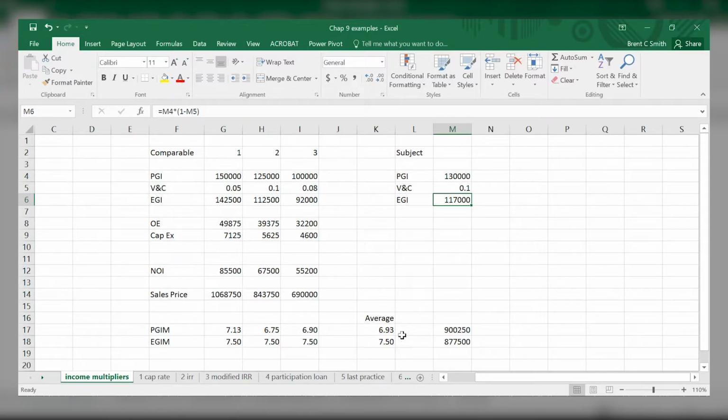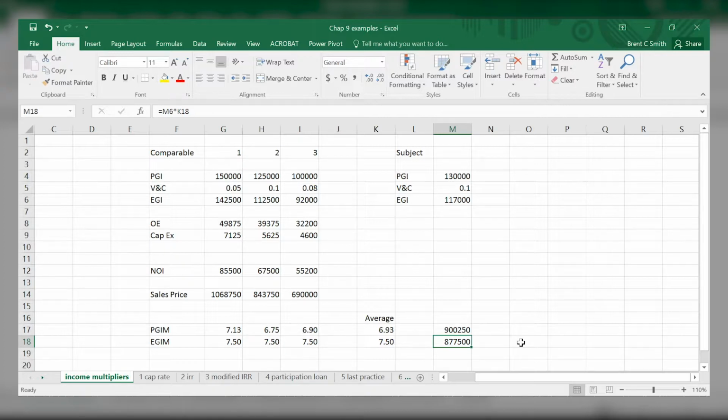If I apply the average of those multipliers that we've obtained from the comparables to these two estimates here for next year, we end up with these two values here. And they represent, like I said, a back of the napkin estimate of what we might be willing to pay for the property. Obviously it's going to require more research, but on a front end quick analysis, it gives you some information on which to base your decisions.